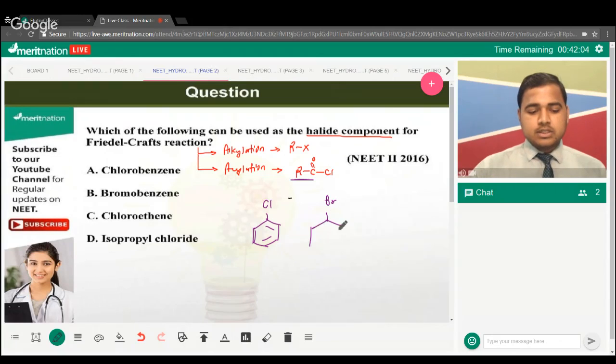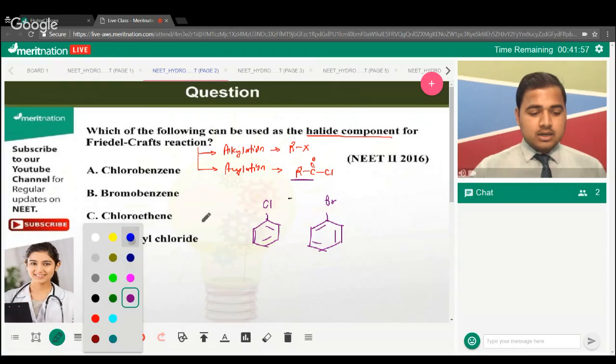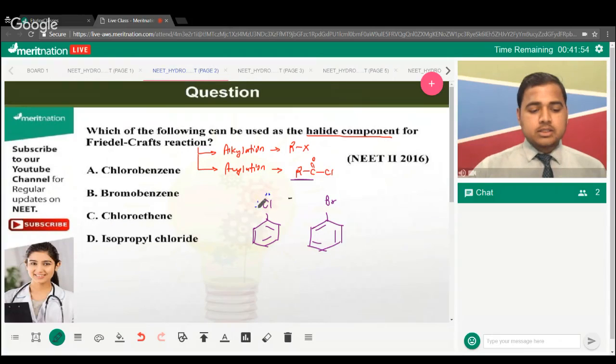So students, as you can see here, in this chlorobenzene and this bromobenzene, the chlorine and bromine have lone pairs. These lone pairs increase the electron density of the benzene ring, and you can also say that there is partial double bond character. Due to partial double bond character, the halogen is not going to leave. If the halogen is not going to leave, it is definitely not able to proceed with the Friedel-Crafts reactions.